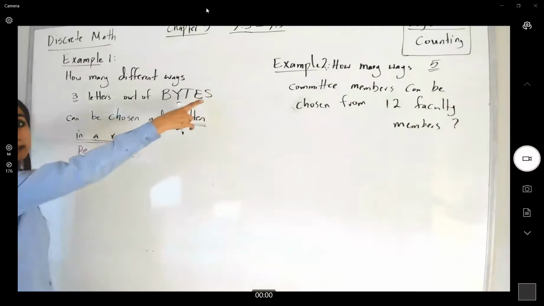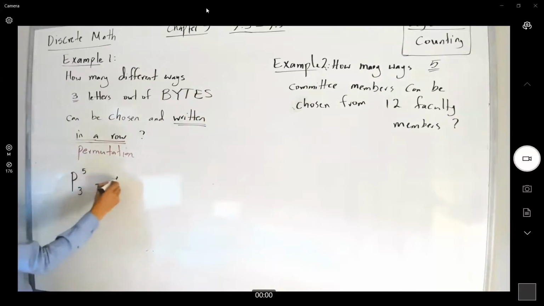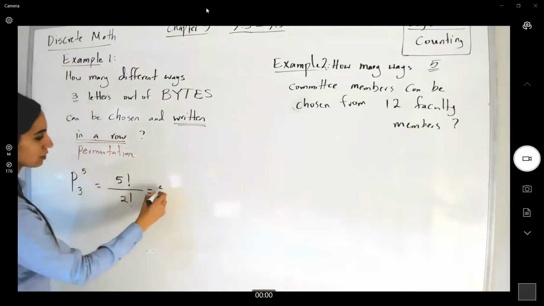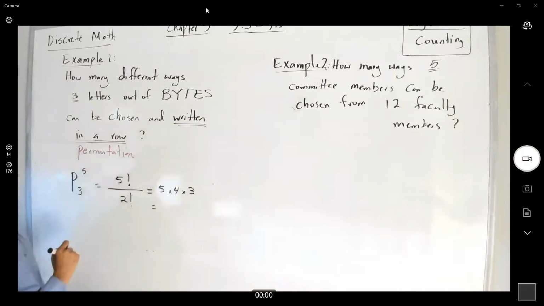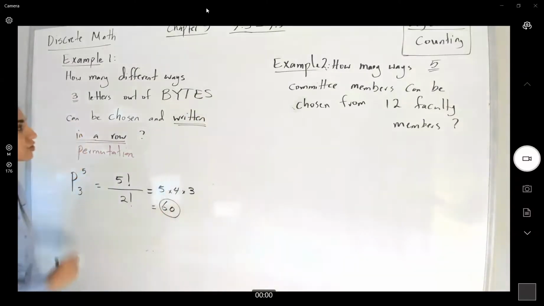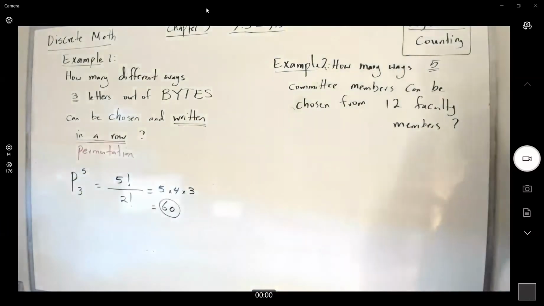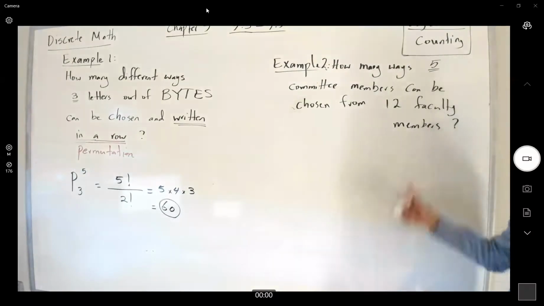There are distinct objects, permutation of 3 objects out of 5 objects. So we get 5 factorial divided by 2 factorial, which is 5 times 4 times 3, which is 60 permutations.